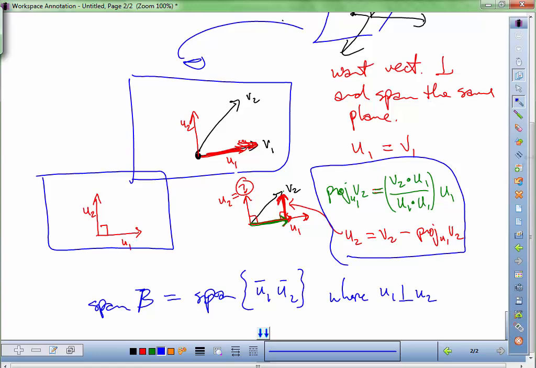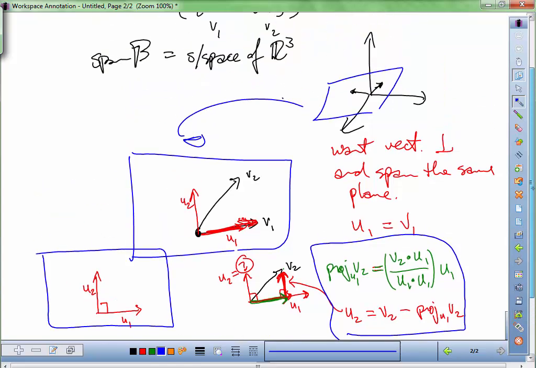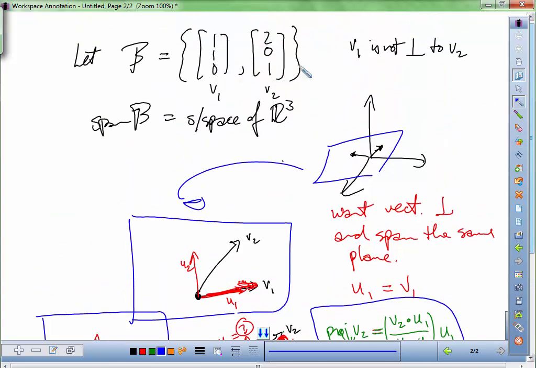I gave those actual vectors as an example, and I forgot to work them out: 1, 1, 0, and 2, 0, 1. Should we do it? Let's do it. I hope it's easy. So U1 is essentially going to be V1, which is 1, 1, 0.